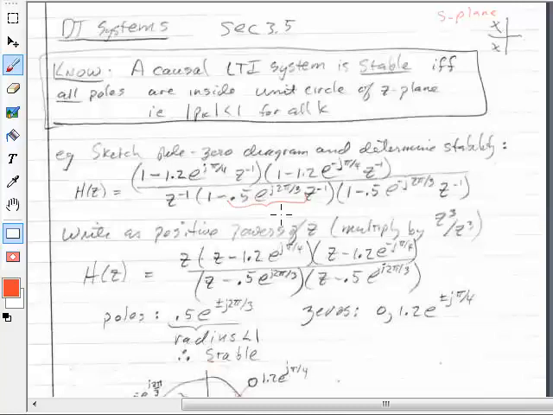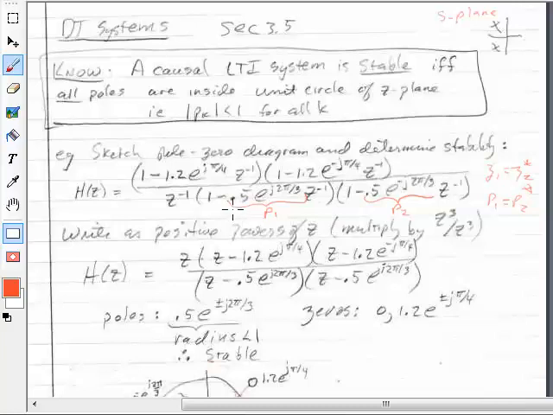From there to there is the first pole, and it's the complex conjugate of the second pole, P2. So P1 and P2 are complex conjugates of each other, and similarly for the zeros.